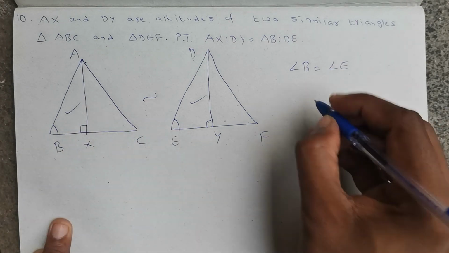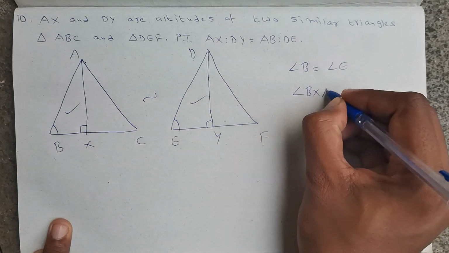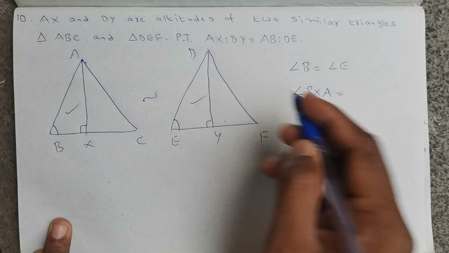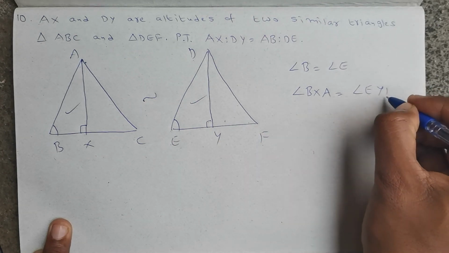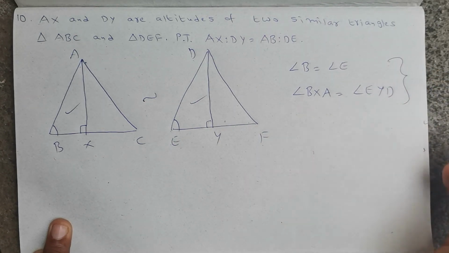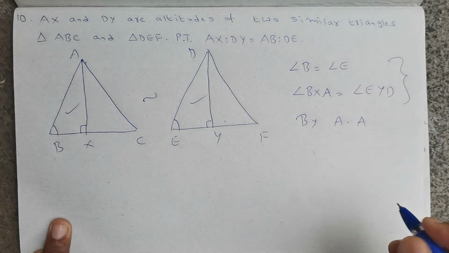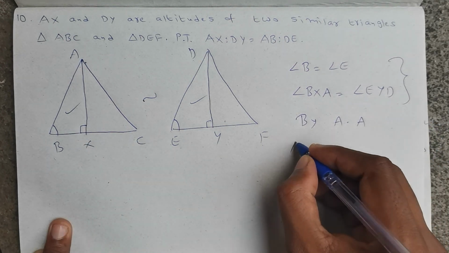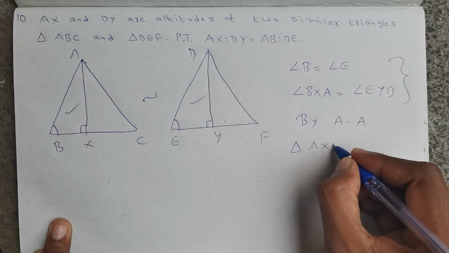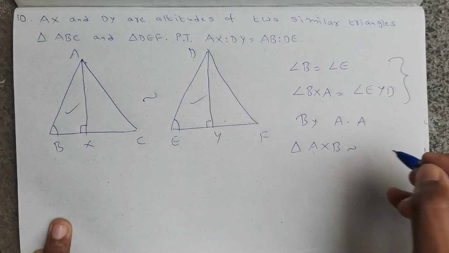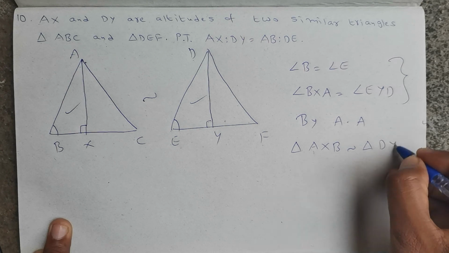Angle BXA is equal to angle EYD. So from these two, by AA criteria, we can conclude this left side triangle AXB is similar to this left side triangle DYE.